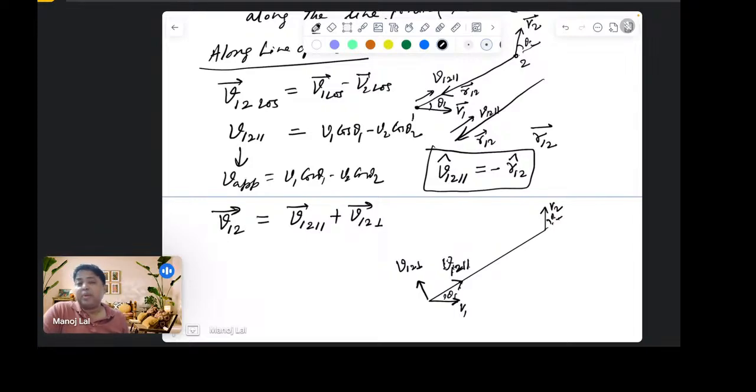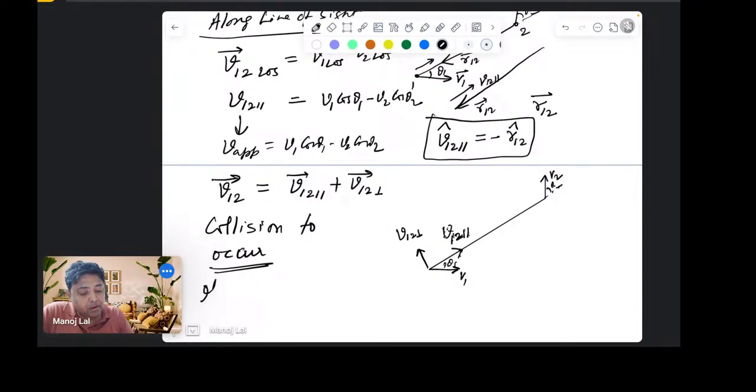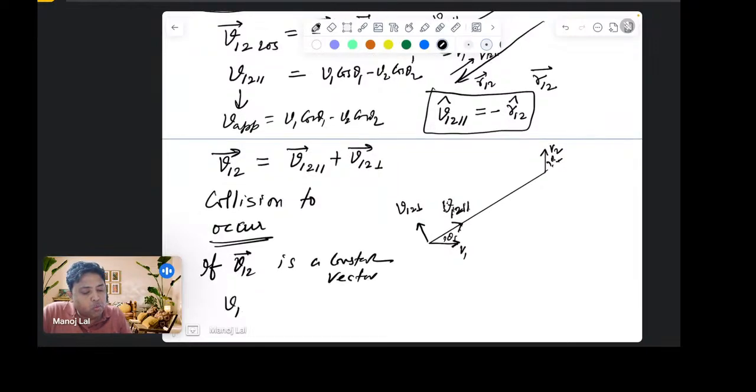And you must know, for collision to occur, if the V12 vector is a constant vector, then V12 perpendicular must be equal to what? 0.